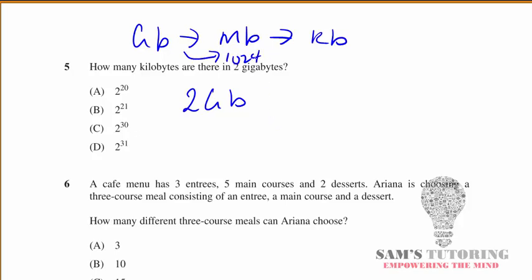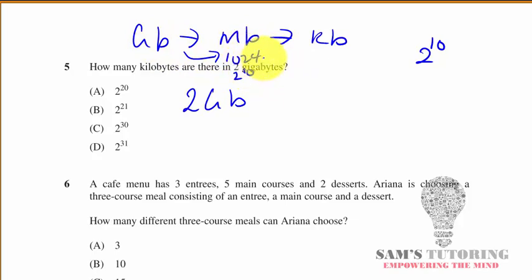Now, what you need to know, if you can see with all these answers here, they're all bases of 2's. So 1024 is 2 to the power of 10. So that's going to be 2 to the power of 10 here to get from gigabytes to megabytes.